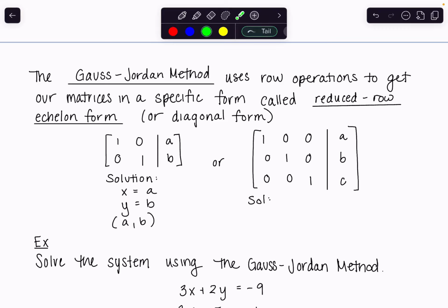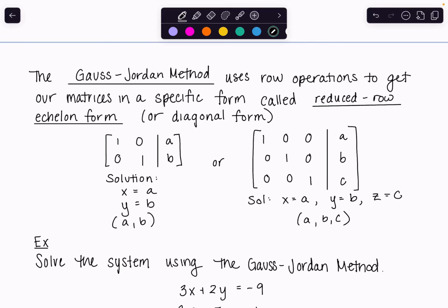This first equation tells us x with no other variable equals a. The second row tells us y is equal to b. And the third tells us z is equal to c. So again, you immediately get that point of intersection between those three lines, okay?